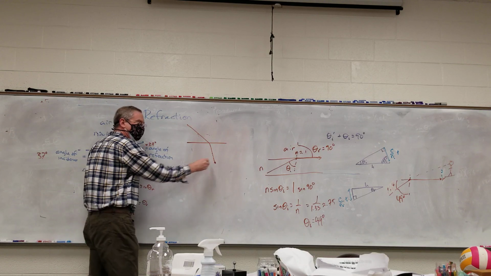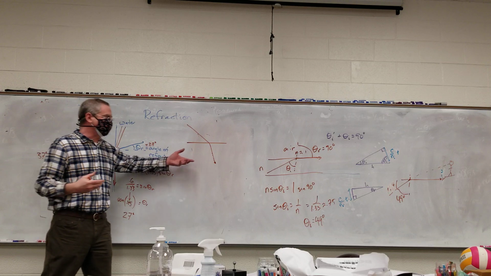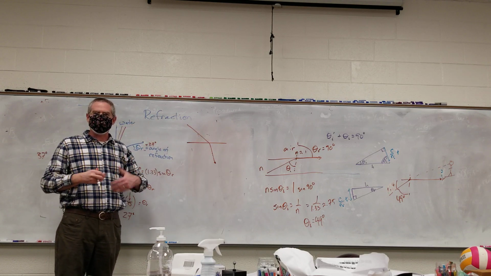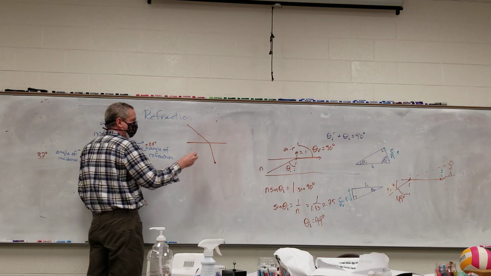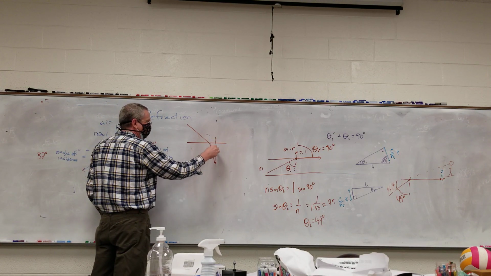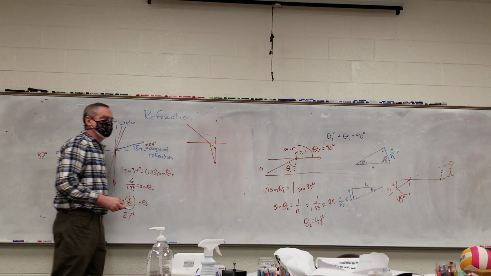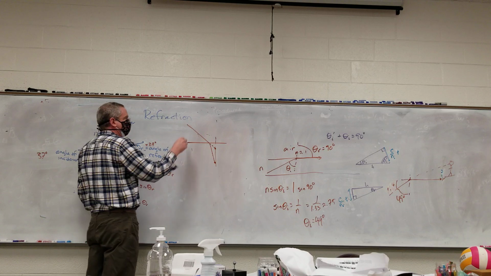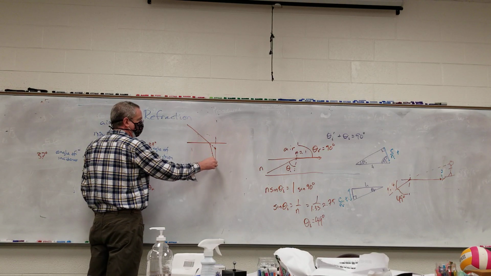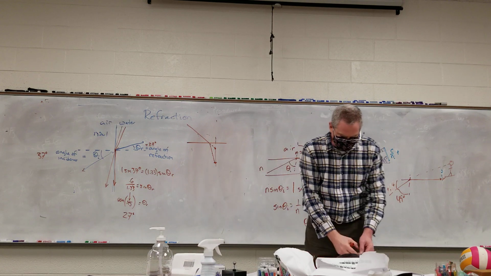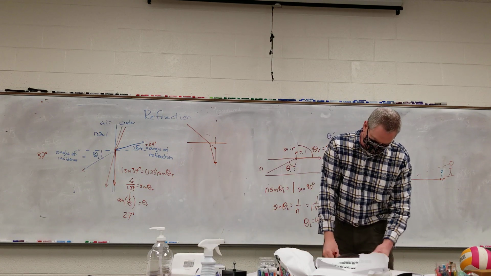So I have something right here, light goes through it, let's say it's underwater for a visual. Light hits it, bounces off, and eventually that light hits me in the eye. It will appear that the object is there. It's going to appear higher up in the water than before. But the actual depth is here, and just so that we're keeping the same letters that I used in my notes.